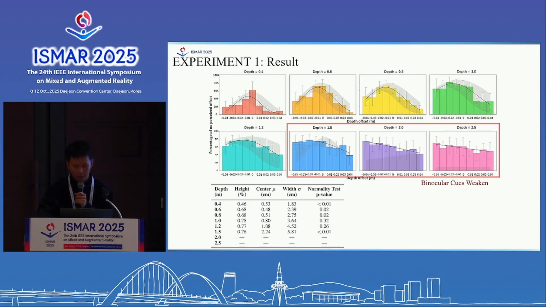The biases were smaller at 0.6 meters, which is our headset's focal plane. This provides strong evidence that the VAC is a key cause. Most importantly, we found that up to 1.5 meters, the biases follow a predictable, almost Gaussian shape. Beyond that, binocular cues become more effective.